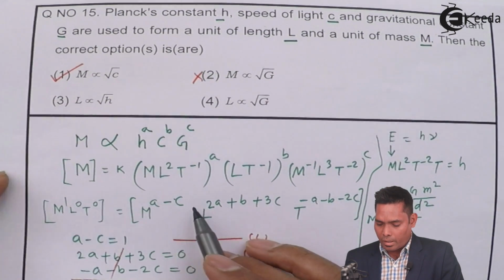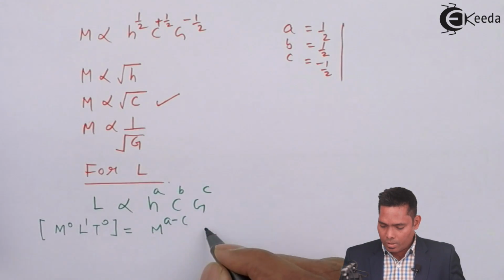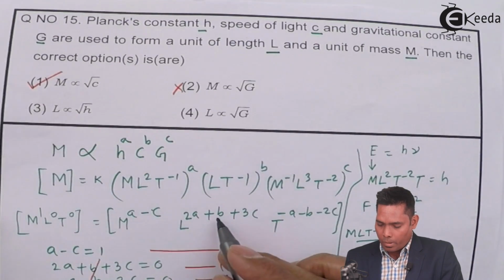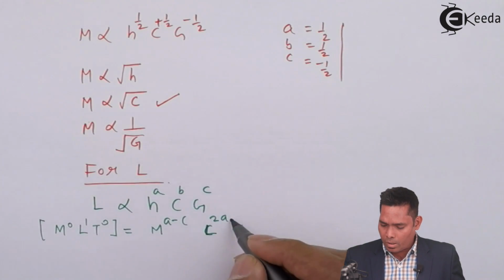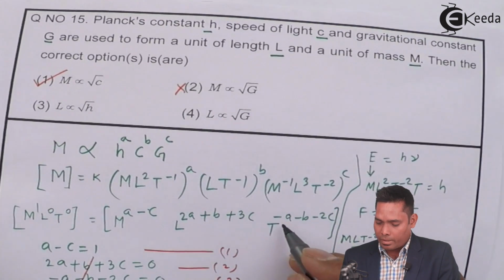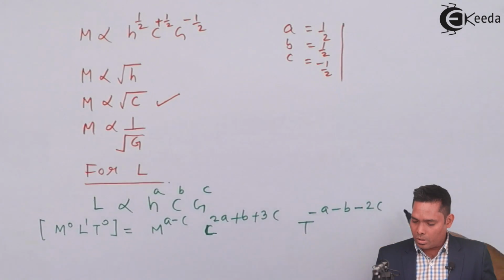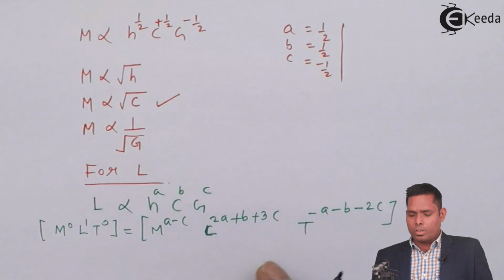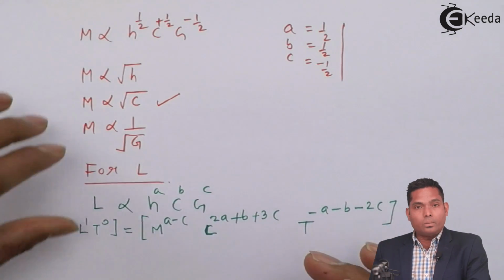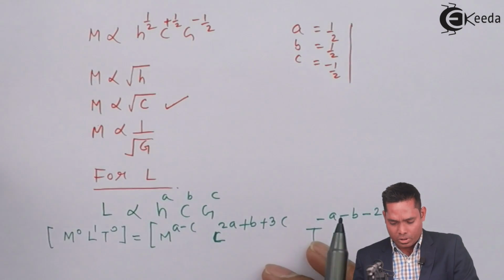It is M to the power a minus c, L to the power 2a plus b plus 3c, T to the power minus a minus b minus 2c. So far so good. Now from here I will have expressions.